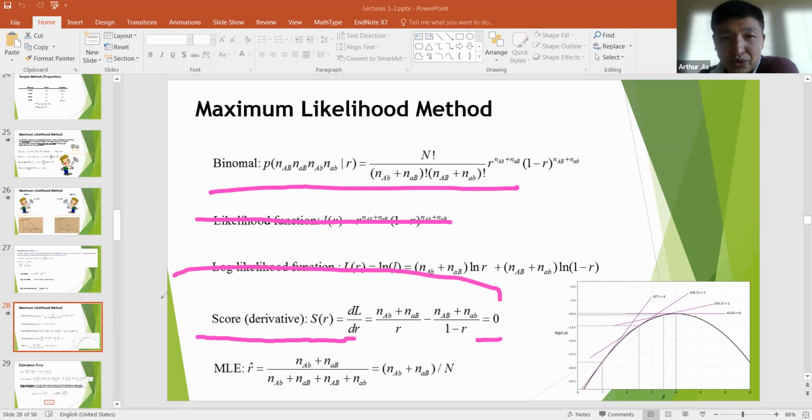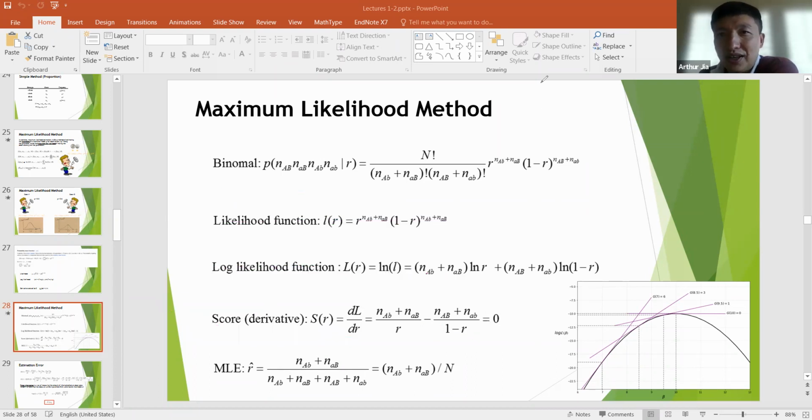And then if you solve this equation, you're going to get the MLE solution. So you need to know this. So if I give you a question like this, it will be a simple one, not very complicated, but at least you need to know how to use that data, the table, to derive the MLE. Yeah, that's the requirement. All right.